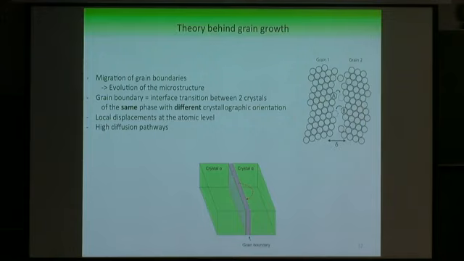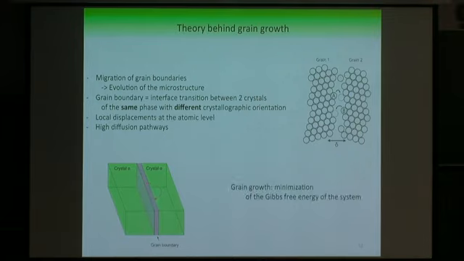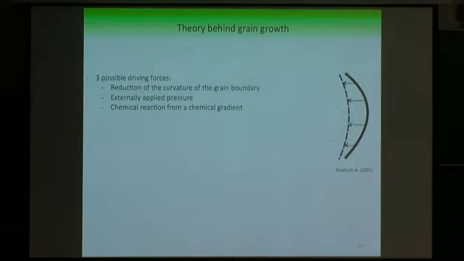Grain boundaries are also high diffusion pathways. And grain growth is known to happen due to a minimization of the Gibbs free energy of the system. So there are three possible driving forces that control grain growth. So the reduction of the curvature of a grain boundary.